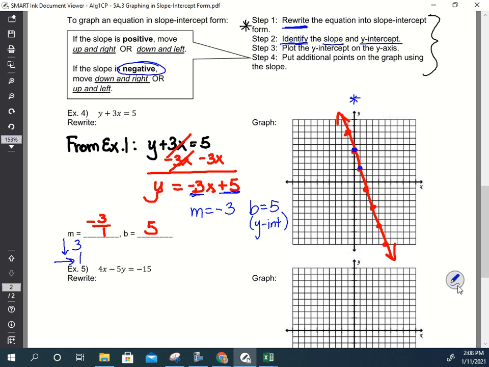Down 3, right 1. Or you can go in the other direction. Go up 3 and to the left 1. Then draw your line. That's it. Problem's over.